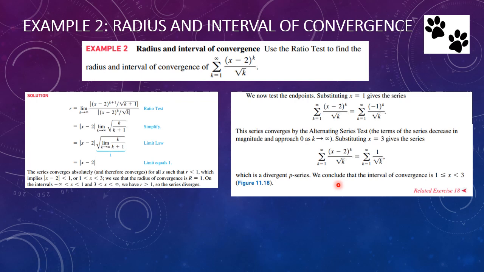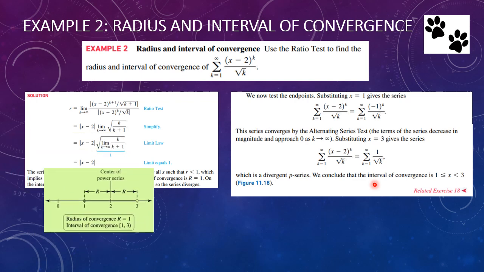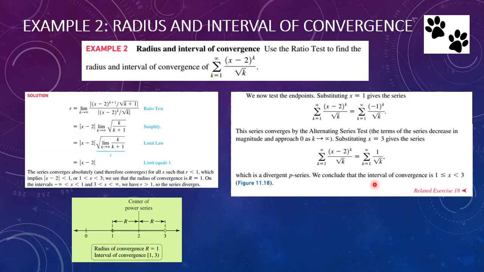So we can conclude that the interval of convergence is 1 is less than or equal to x, and x is less than 3. And here again you can see it mapped out and distinguished on a simple number line.